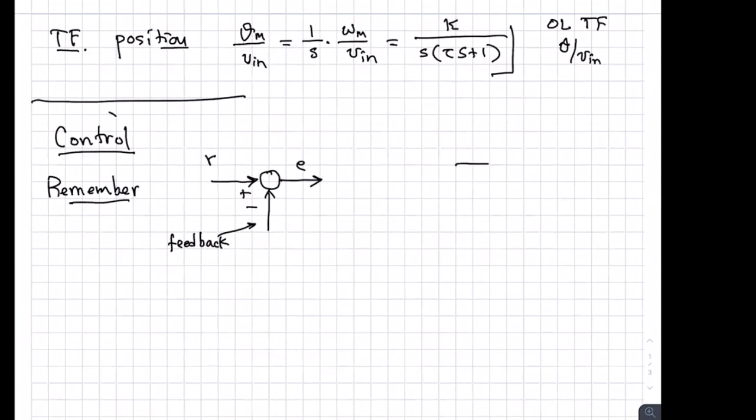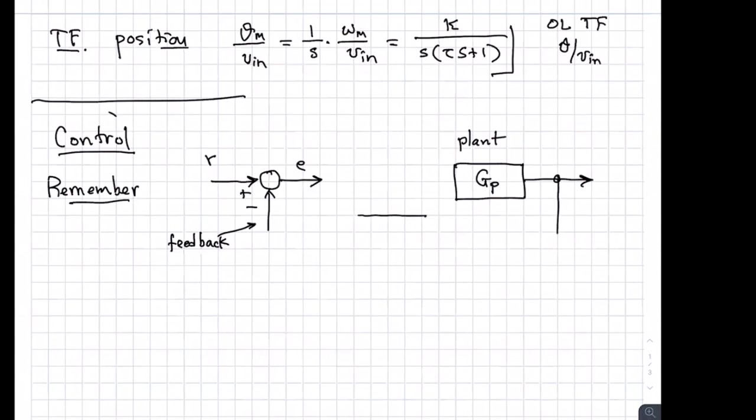In the model, we would have a transfer function of our plant. In this case, that plant could be, for example, the motor for speed control. So this G sub P could be the transfer function of that plant. We're going to feed that back by making a measurement of it.